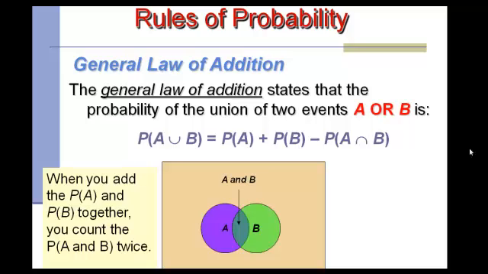If we want to know the union, the probability of A or B or both, then we add this probability to this probability, but we're counting this center section twice. We're counting the intersection twice, so we have to subtract that out. So in order to determine the probability of A or B, we take the probability of A plus the probability of B minus the probability of A and B.